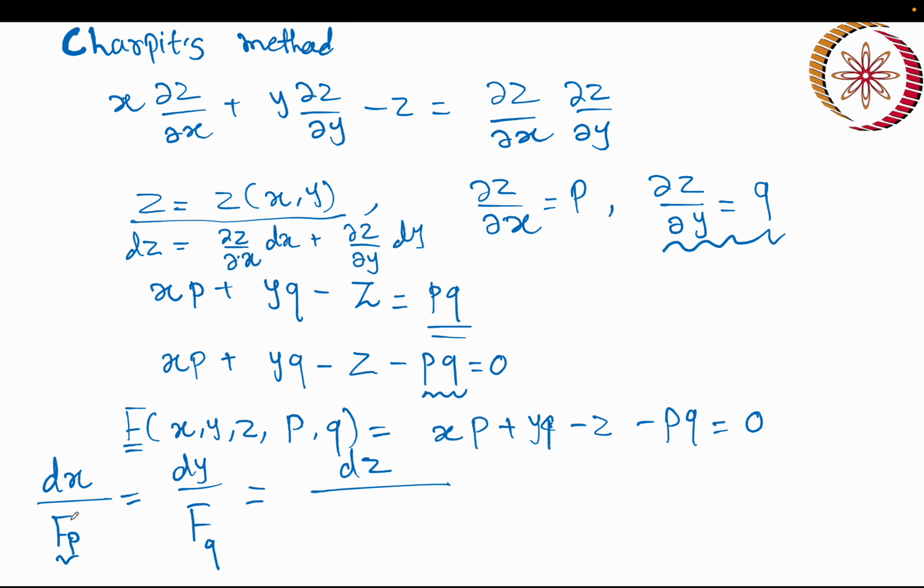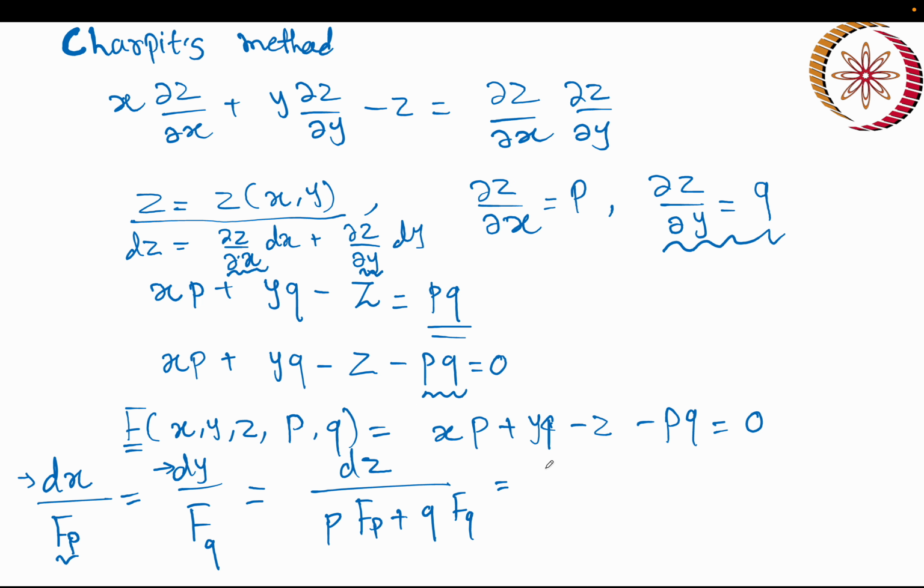Similarly you can see that these terms combine together to form dz. So you can see this is p and this is q, so at the bottom we will get p fp plus q fq.